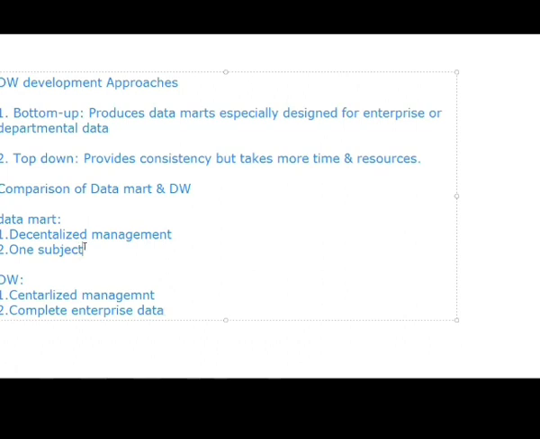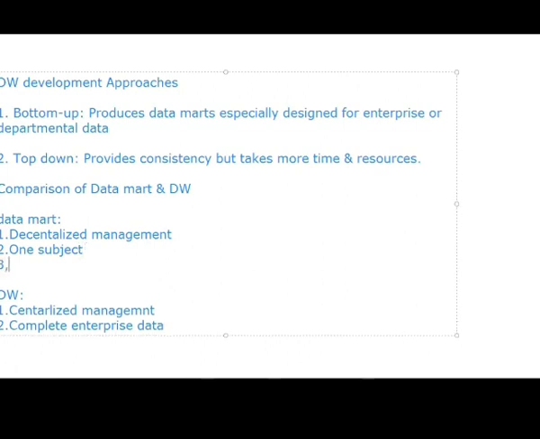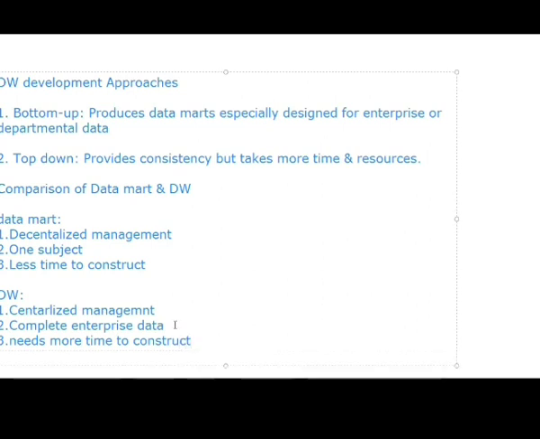The third difference is the time required to construct a data mart and a data warehouse. A data mart requires less time to construct, whereas a data warehouse requires more time compared to a data mart to construct.